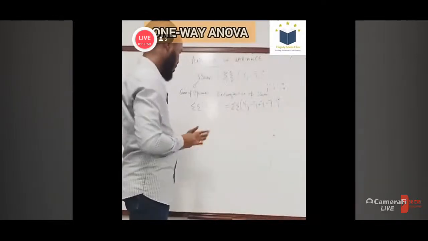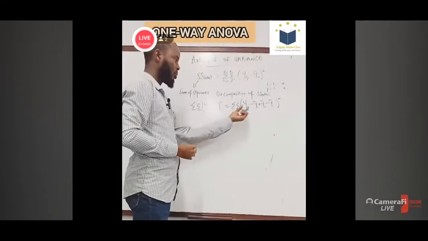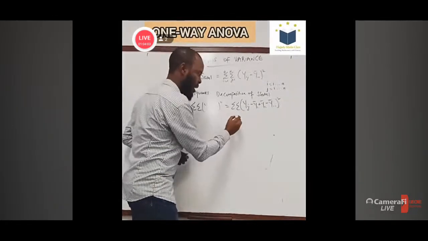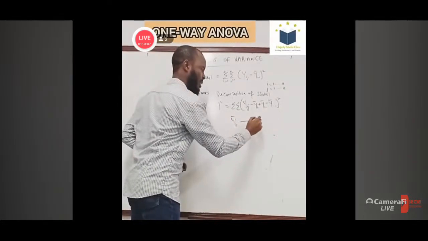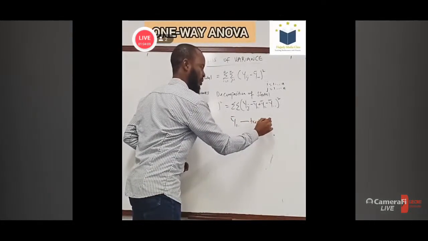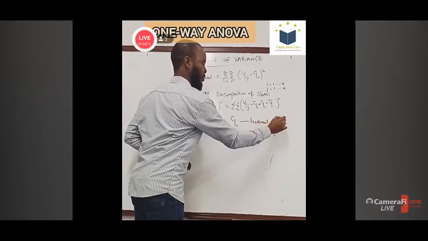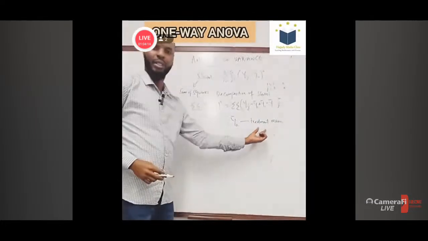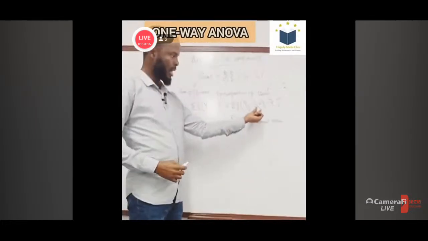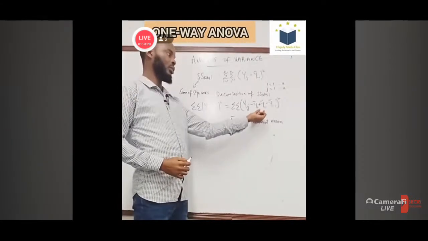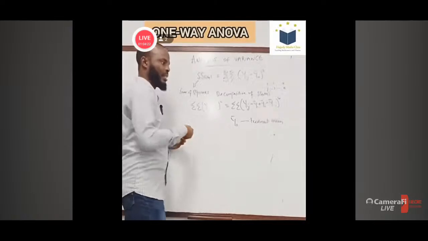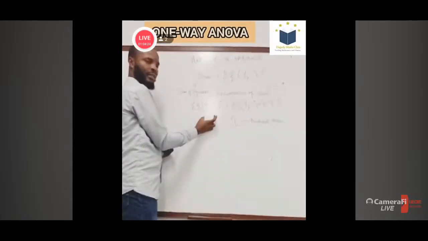Don't forget, this is what we have initially. So my yi dot bar, this is known as the treatment mean. This is the same thing as the treatment mean. So minus yi dot bar plus yi dot bar can cancel out, which shows that this is still the same thing as this.